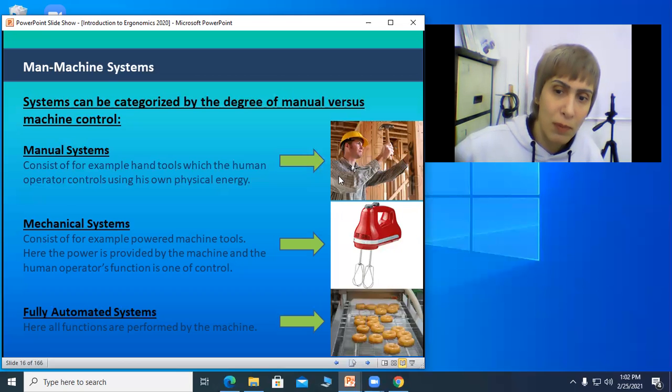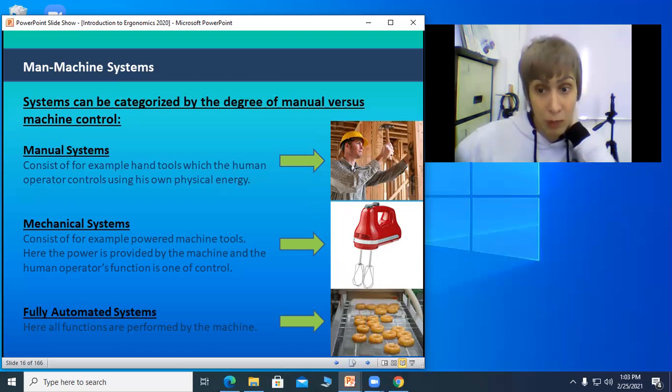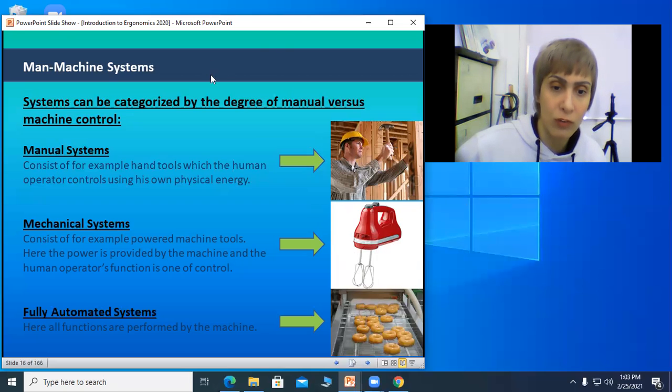You will be mostly involved with manual system design and mechanical system design. This is what you can get involved with as a designer most of the time. When we talk about products, these tools and machines are considered products.